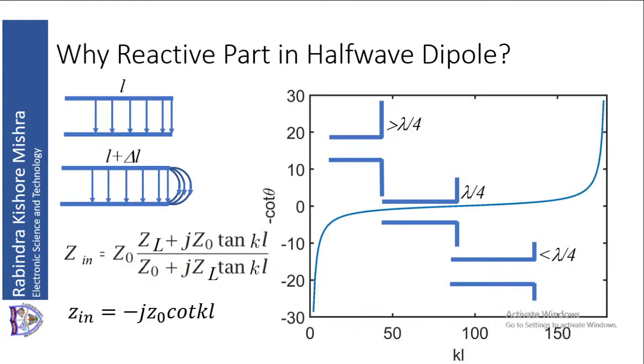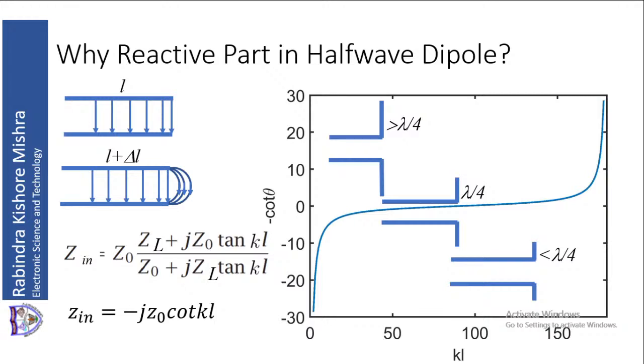Now let us look at the case where L is more than lambda by 4. If L is more than lambda by 4, then it will be inductive in nature, because minus j Z0 cot kL will become positive.